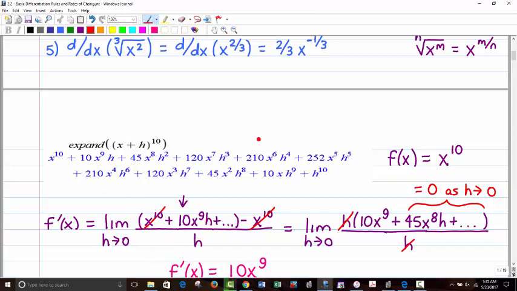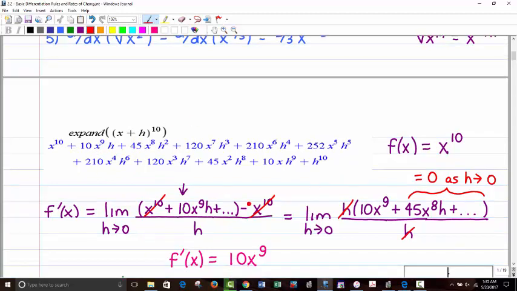Now, the reason I didn't write all this out, notice that we're going to factor an h out. But when you factor an h out here, every term except the 10x to the 9th, every other term is still going to have an h in it because they're all h squared or higher. So you pull an h out, you're still left with an h.